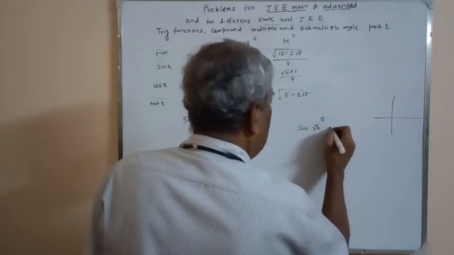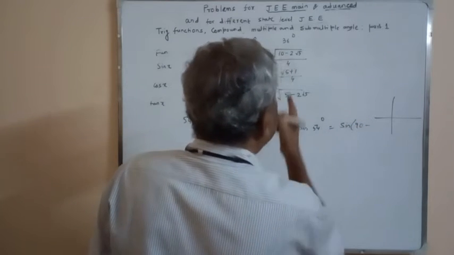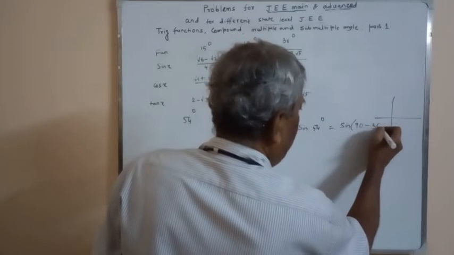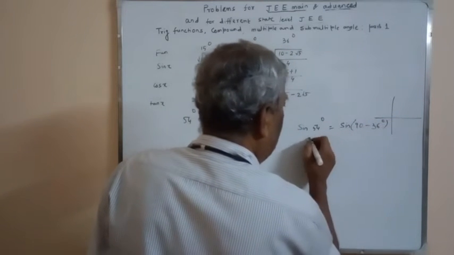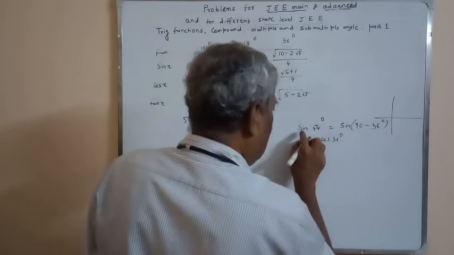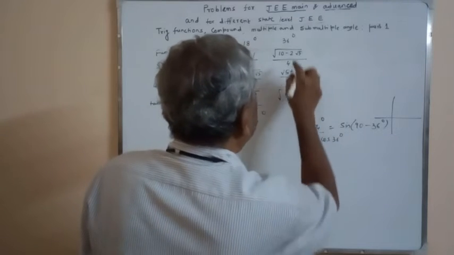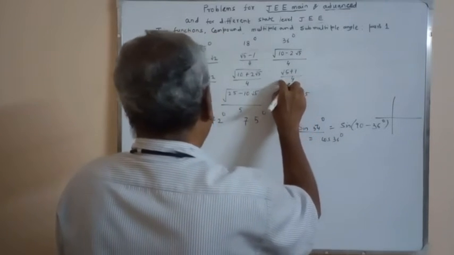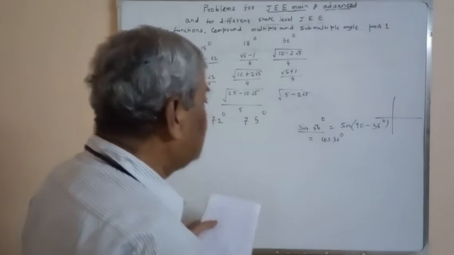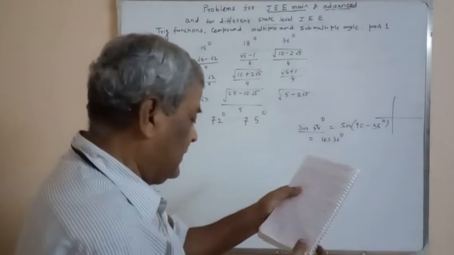Sine of 54 degree is equal to sine of 90 minus 36 degree, which is equal to cos of 36 degree. So sine 54 degree is equal to cos of 36 degree. This way, all angles, sine of this, cos of that, tan of that, can be calculated.